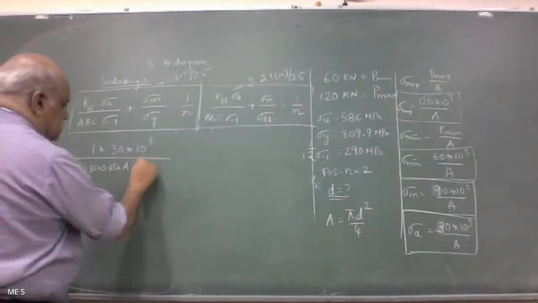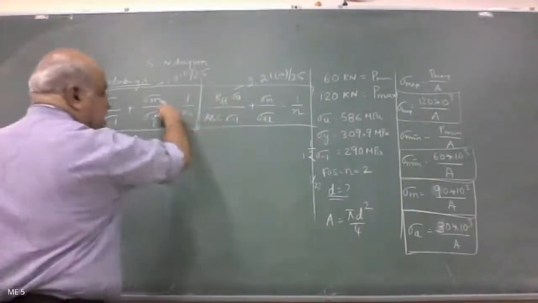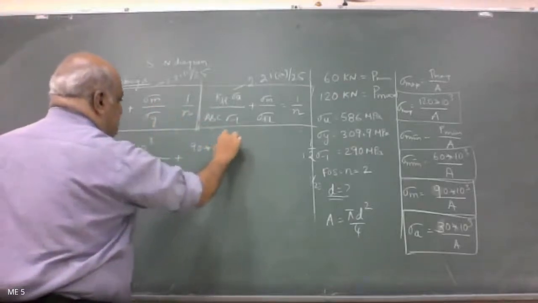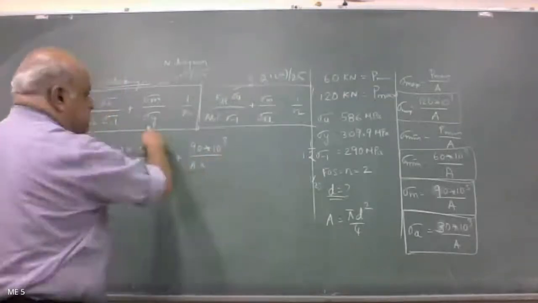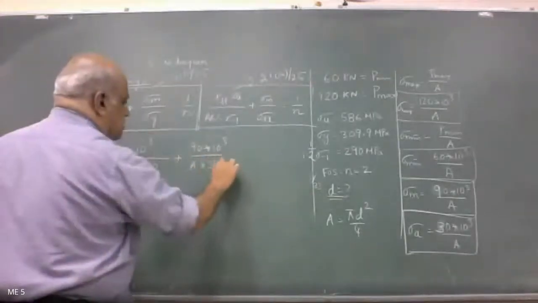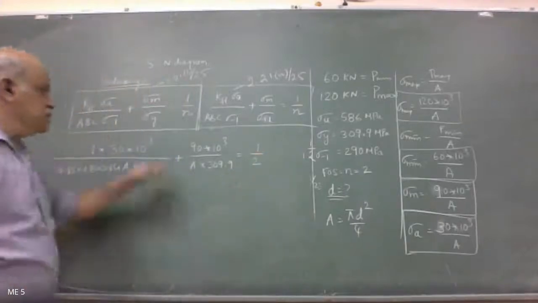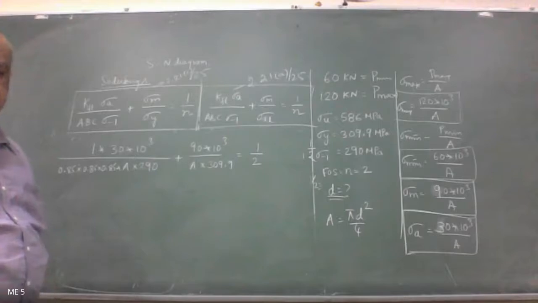Sigma endurance is 290 plus sigma mean is 90 into 10 power 3 by A into yield stress value is 309.9, that is equal to 1 by 2, that is factor of safety. Okay. So what is it that we get over there?